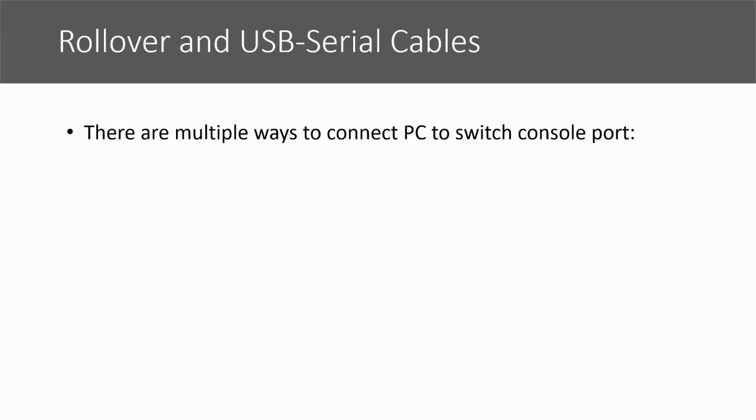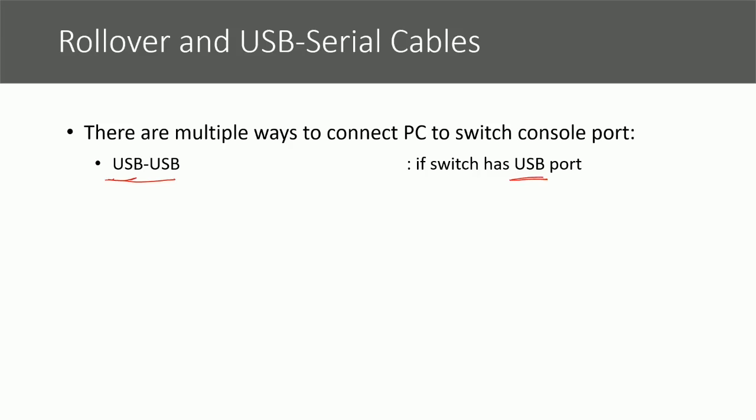Now let's talk about the console cable. Once you find USB and RJ45 console ports, how do you connect to these console ports from your PC or laptop? There are multiple ways to connect your PC or laptop to the switch console port. If you are connecting to the USB console port, you can use a USB to USB cable. Most laptops and most PCs already have a USB port, which makes it easier to connect using USB to USB.